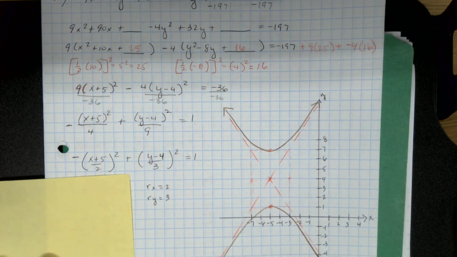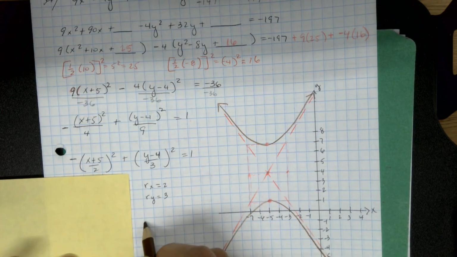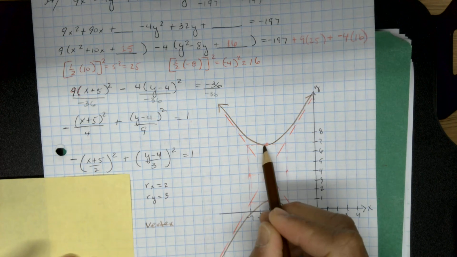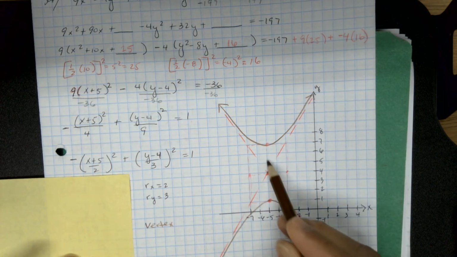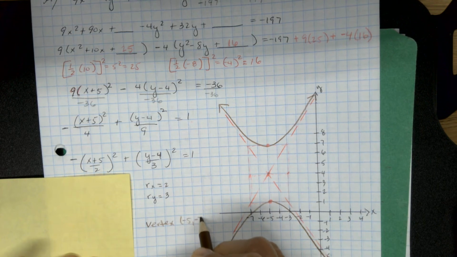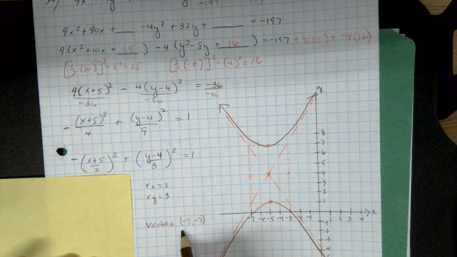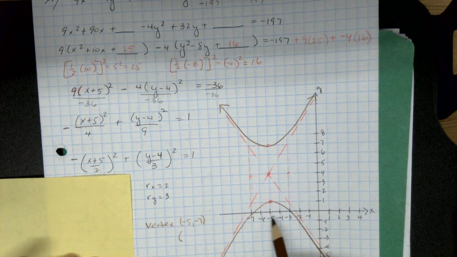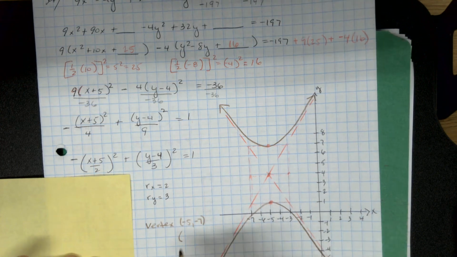All right, so we know the vertex is this point here. If you look, this is -5, -7. The other vertex is going to be, what is this? -5, +1.